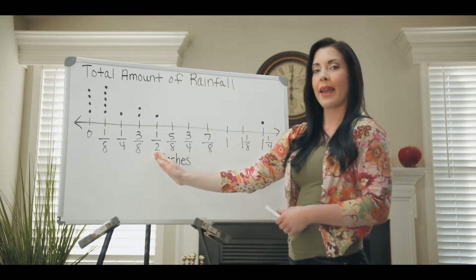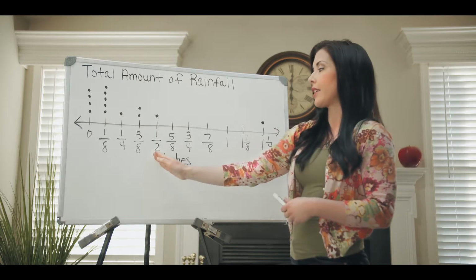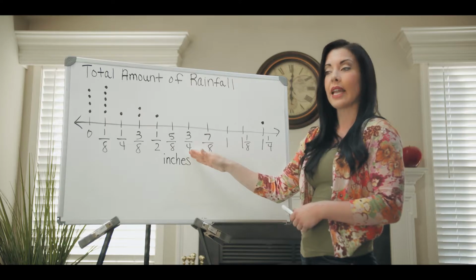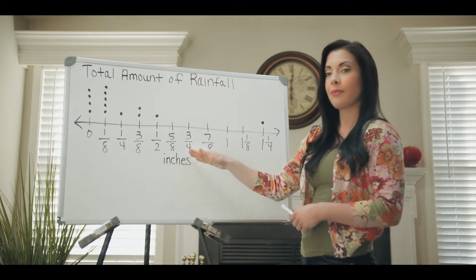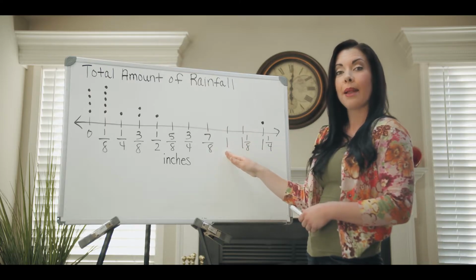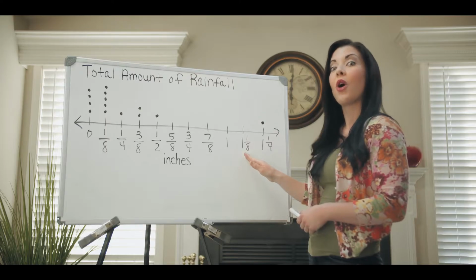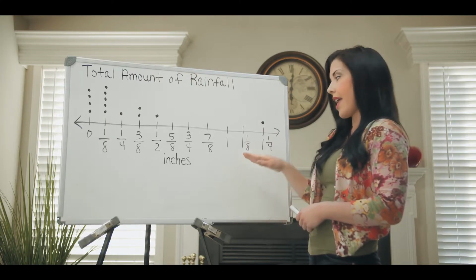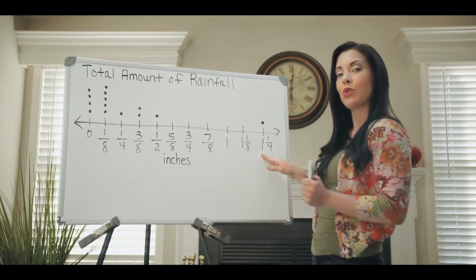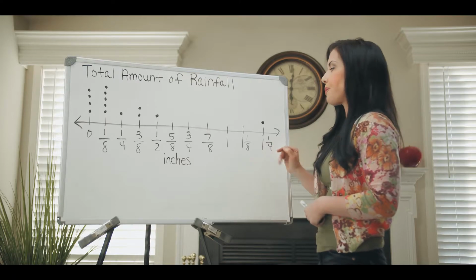Right again, that can be reduced to 1/2. Okay, and so on. The pattern continues. 5/8, 6/8 can be reduced to 3/4, 7/8, and then I'm eventually at the whole, 1. I continue the pattern. 1 1/8 and 1 2/8. But again, what do I know about 2/8? Well, that can be reduced to 1/4.